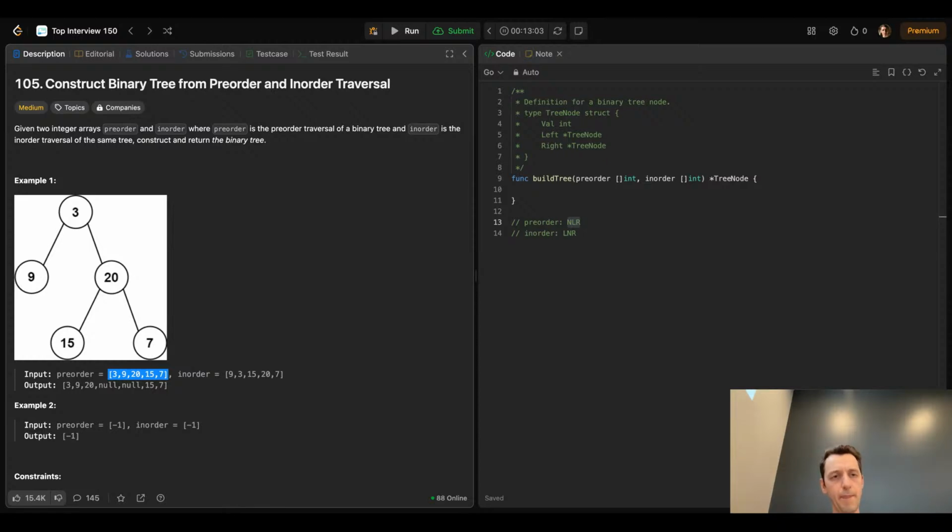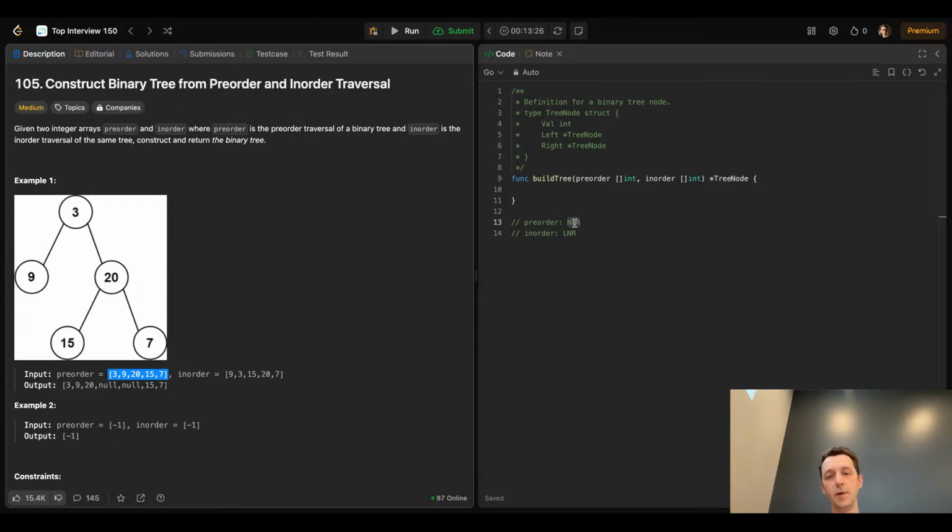Could it? Well, the simple case is 3 would go to the right, and there needs to be a 9. One of the cases is there are no left children, so it will always get you the child and its right, and the child and its right.